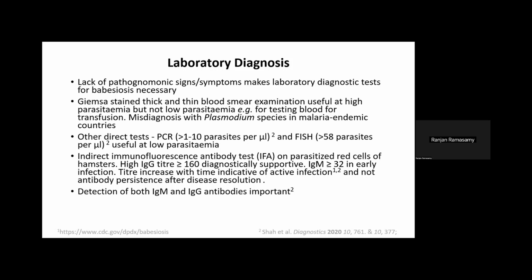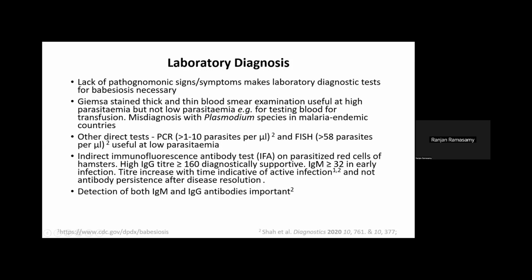Now, high IgG antibody titers in the IFA test are usually diagnostically supportive, and IgM titers greater than 32, for example, are common in early infection before IgM switches to IgG, which incidentally doesn't always happen quickly.